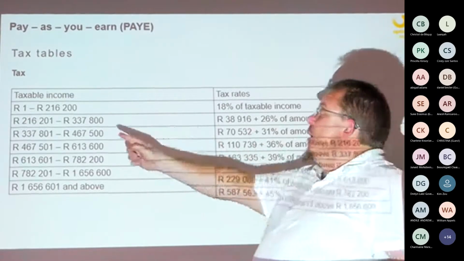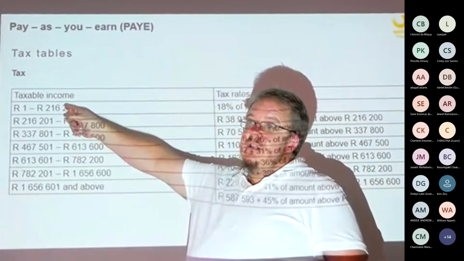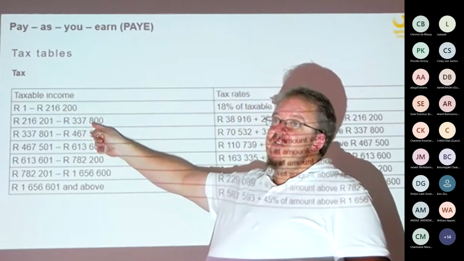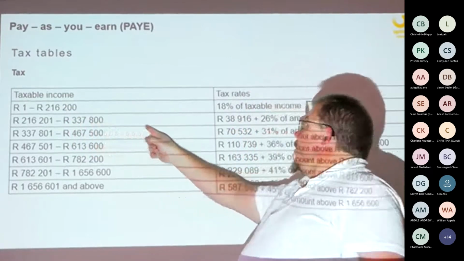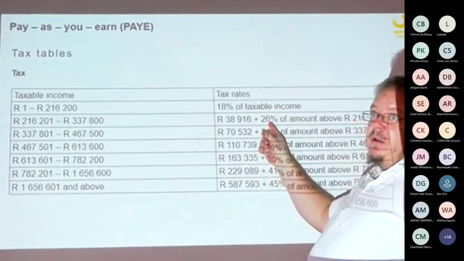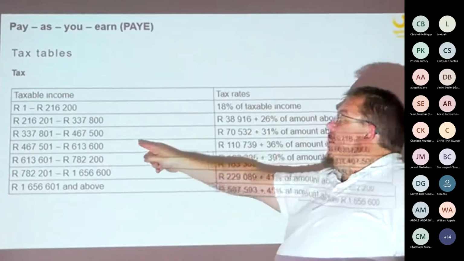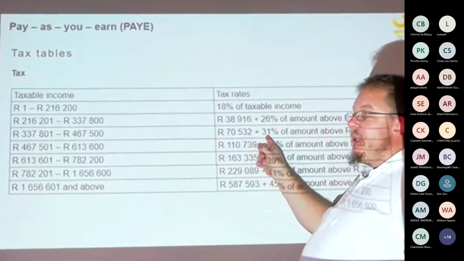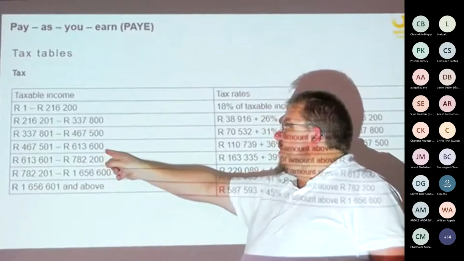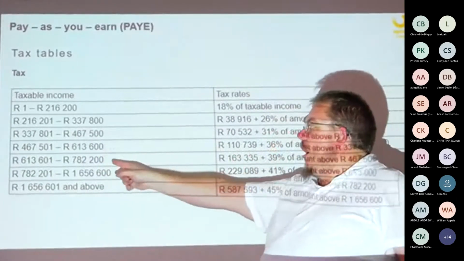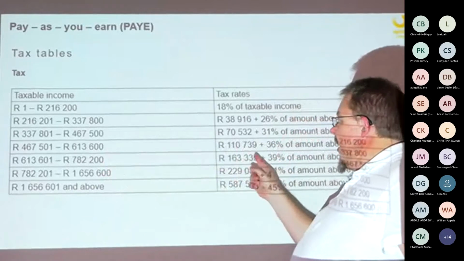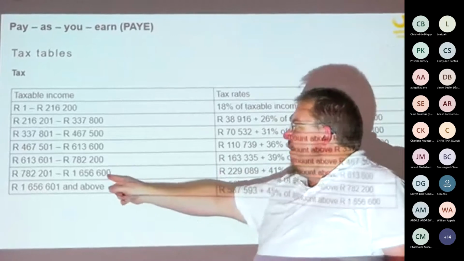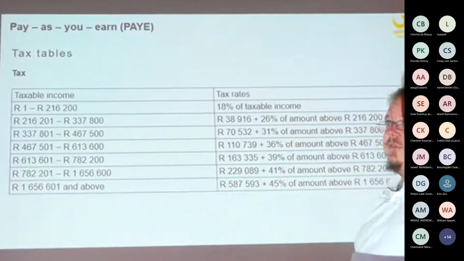For everything that you earn above R216,200, up to R337,800, you will be taxed at 26%. Anything above that amount up to R467,500 will be taxed at 31%, up to R613,600, 36%, up to R782,200, 39%, up to R1,656,600, it's 41%. And everything above that will be taxed at 45%.